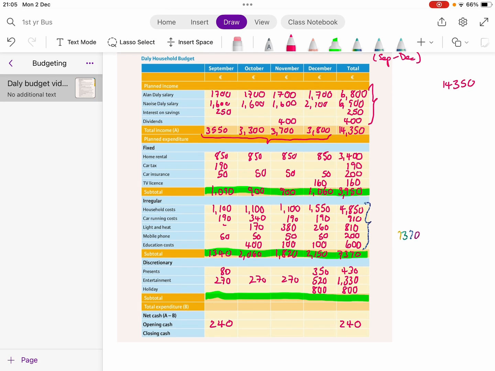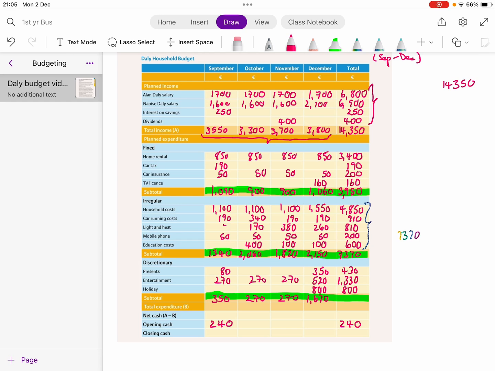We're going to finish our discretionary income by getting our subtotal. So I'm adding my 80 and my 270 in September, and that gives me €350. I have 270 in October, 270 in November, and then in December it's a bit more expensive and I have 1,670.